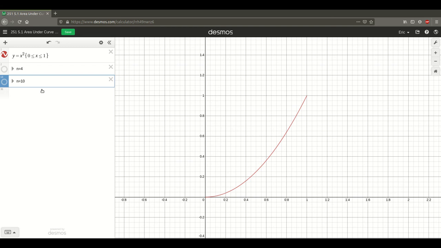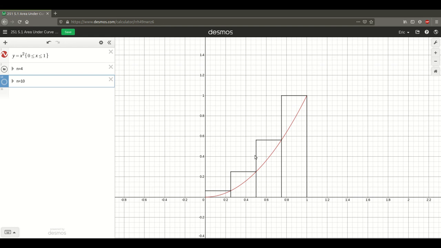So I only have right endpoints programmed up. So you saw that when n was equal to 4, we had our right endpoints working out to be 0.46875. Here's a picture I didn't draw of that. So the sum of the area of these 4 rectangles was 0.46875.